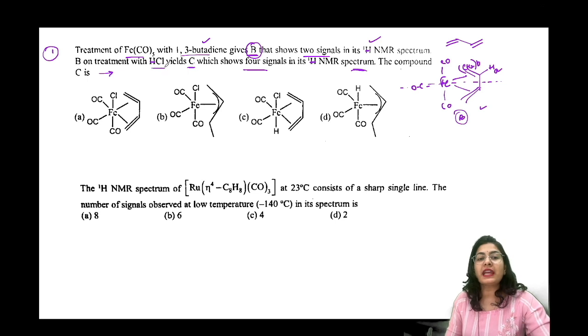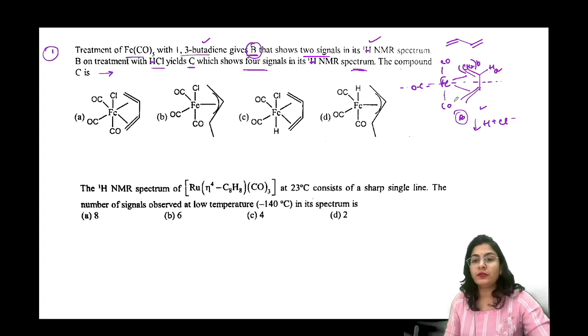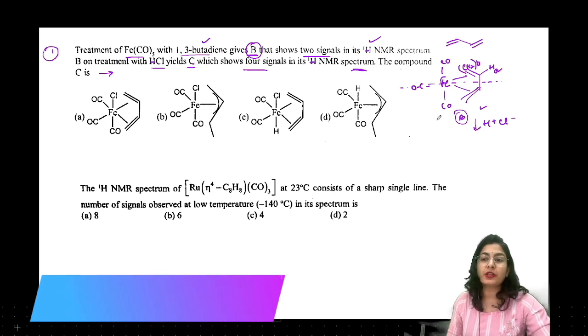B on treatment with HCl yields C. If we react this molecule with HCl, when you study a little bit more about alkenes bound to the metal, you will know how they react. If there is H plus, where is the H plus going to coordinate?